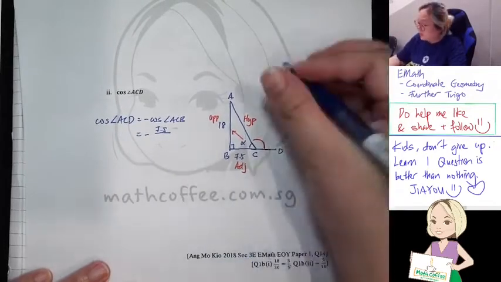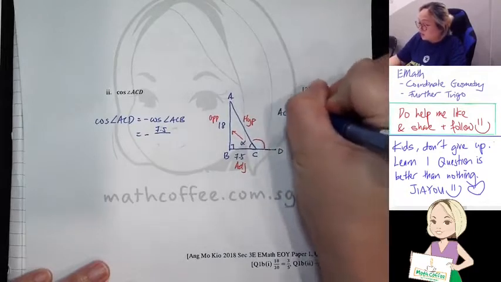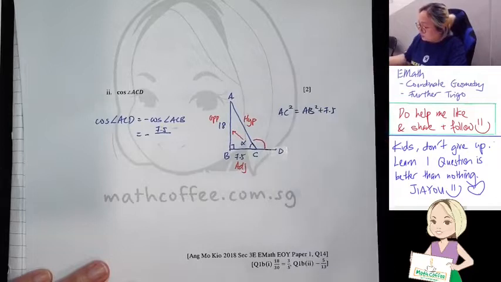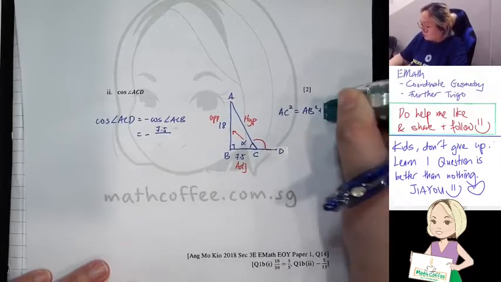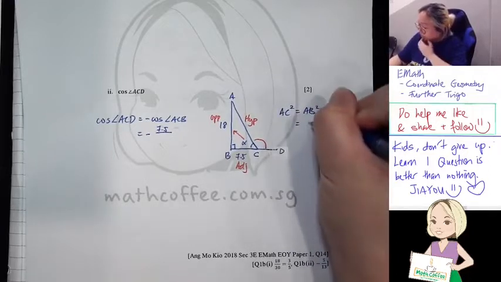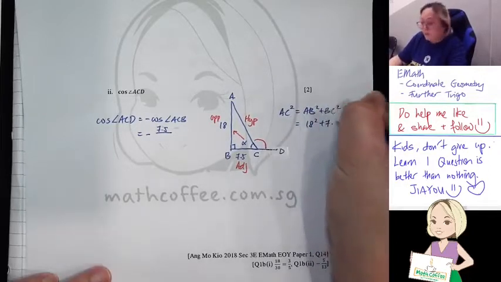So I'm going to do it here. My AC square is equal to AB square plus 7.5 square, which is 18 square plus 7.5 square.